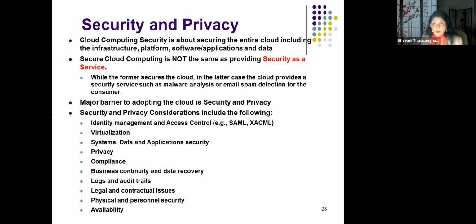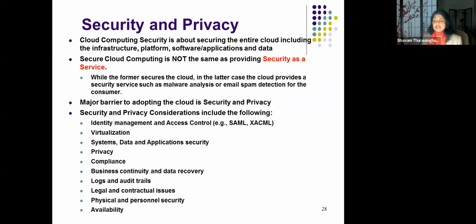While the former, secure cloud computing, secures the cloud, such as the infrastructure, platform, software, data, in the latter case, security as a service, the very cloud that you are building, secure or not, can provide security services. The security services could be identification and authentication, or analyzing malware, or detecting spam.